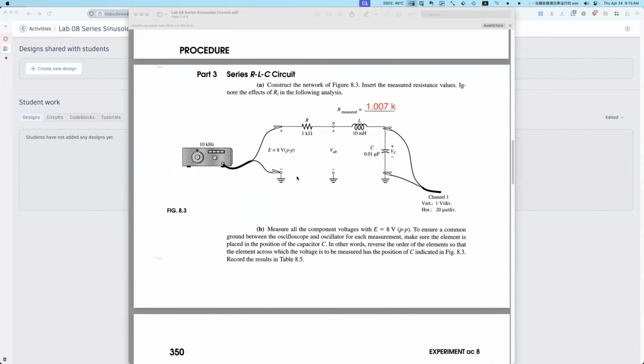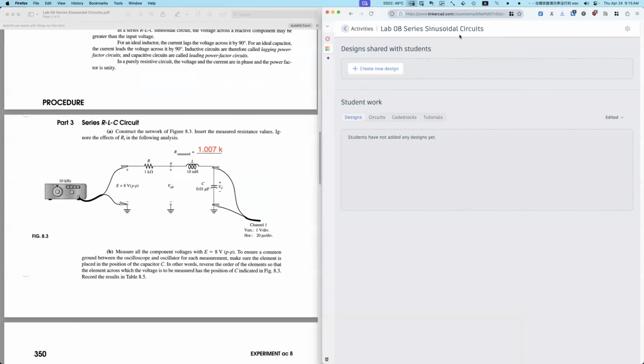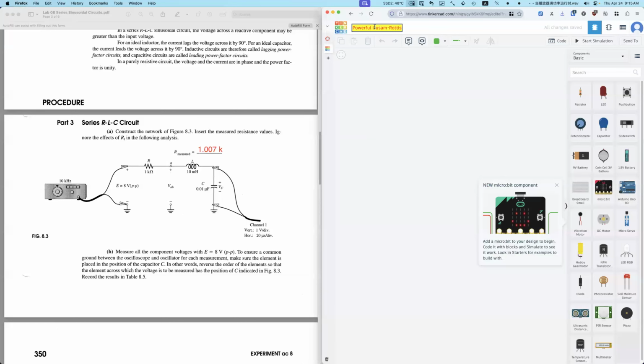So let me do this in Tinkercad. Create a new design. Change the name first.